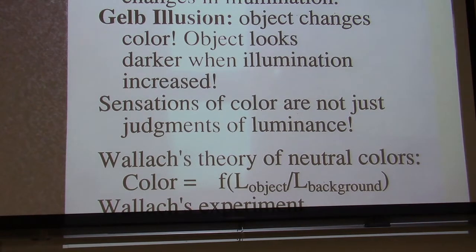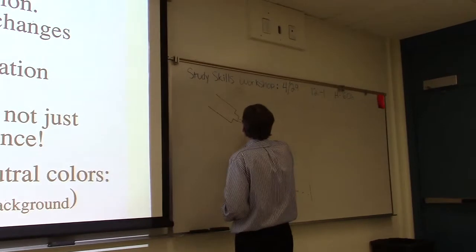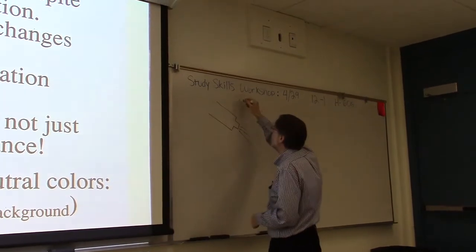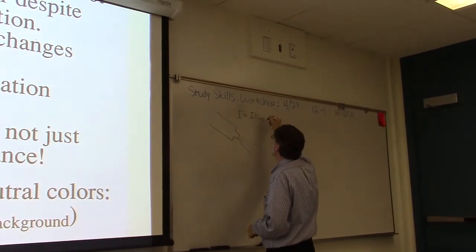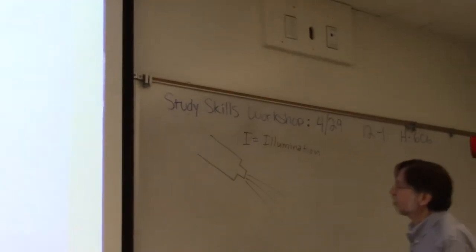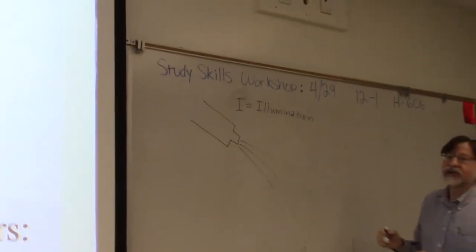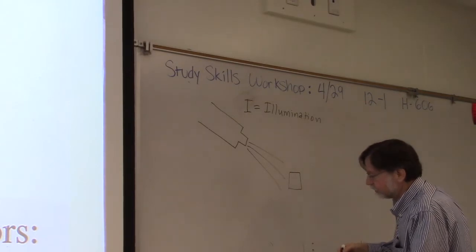All right, here's our source of light. And I can adjust it, and it's the illumination. I is equal to illumination. That's the light that we shine on something. So we've got a patch here of color of some kind.